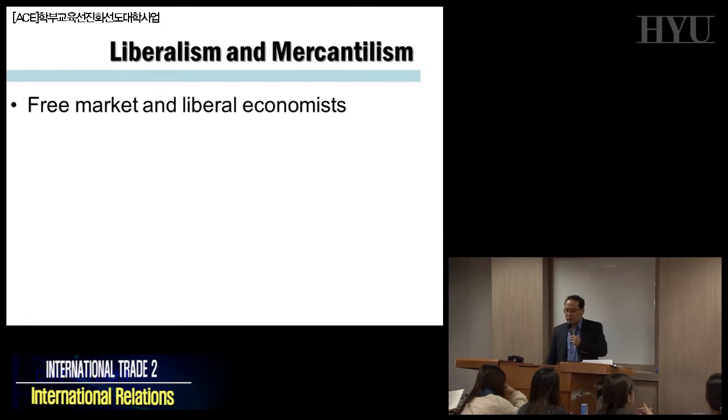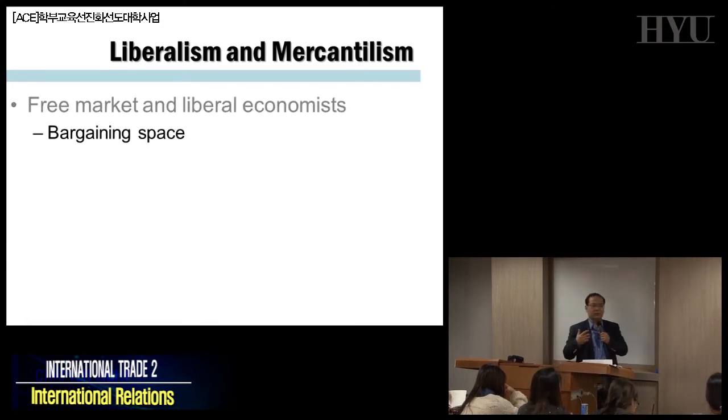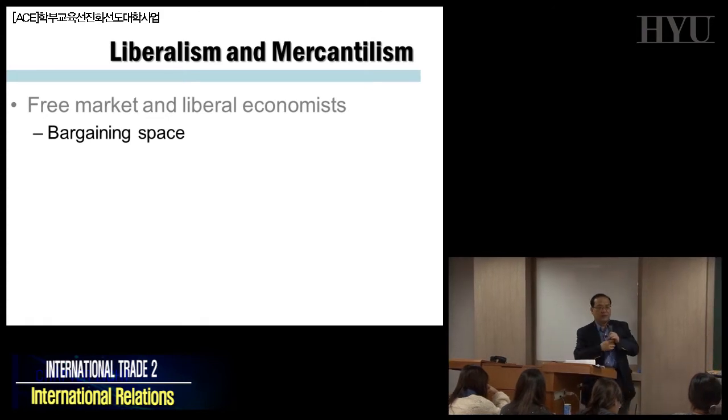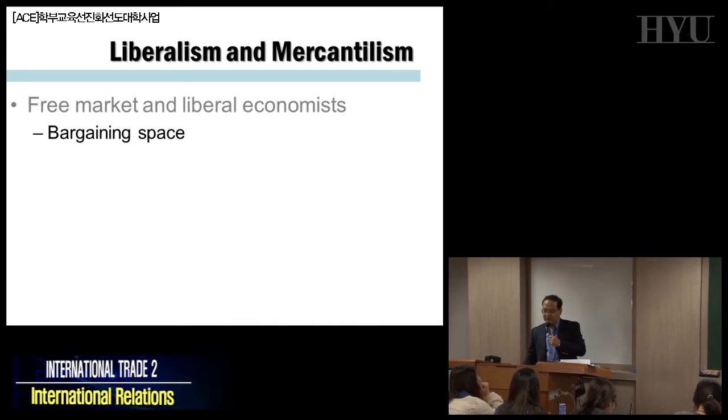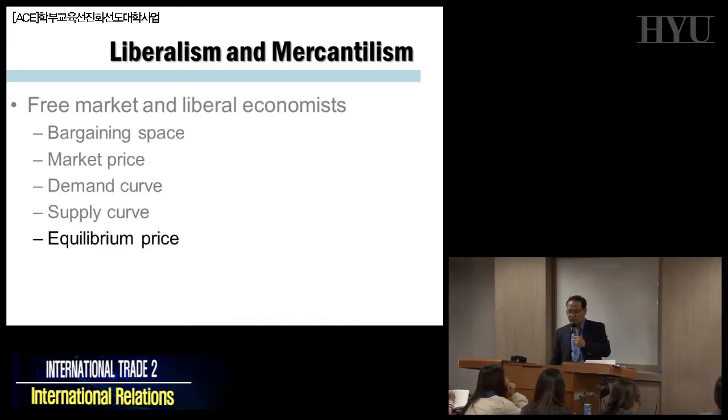Free market and liberal economists. Again, there's a long tradition of debate between state functions and the free market, right? There's a long tradition of that. And just ignore this.